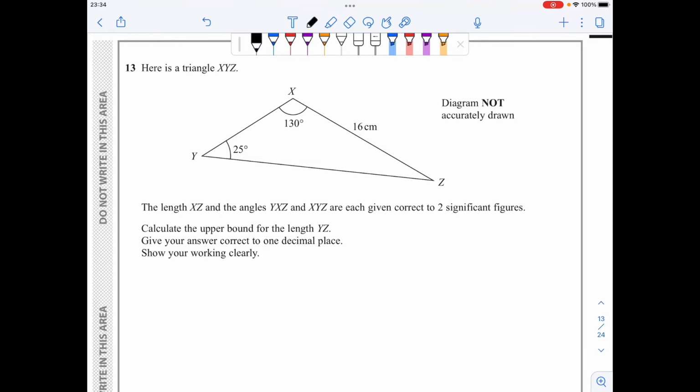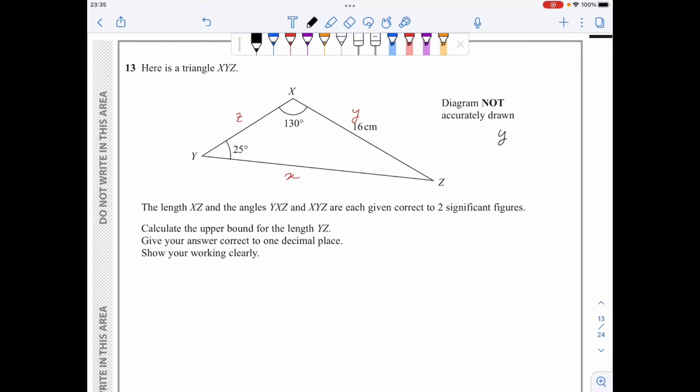Now question 13 is a bit tricky, and I'll show you in a while why this is the case. First, I'll start by labeling my sides. This is side X, this is side Y, and this is side Z. So X, Y, and Z. Next, I'll find the lower and upper values for 16, 130, and 25.